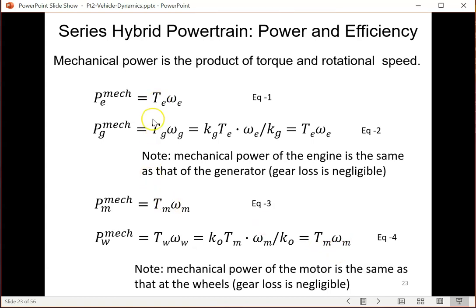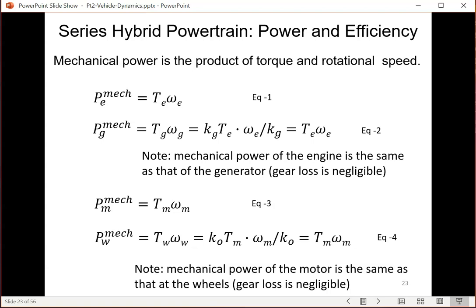Okay, so that's really just to reinforce the message here. The output power of the engine, which is mechanical, will equal the input power of the generator, which is also mechanical.